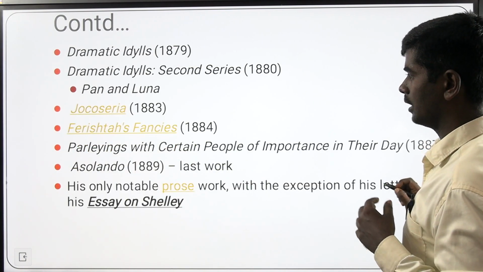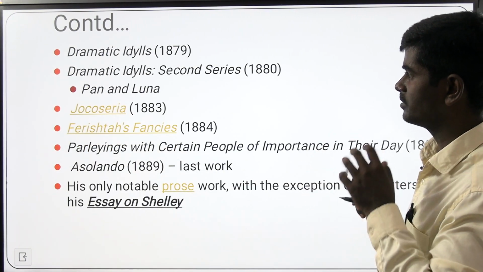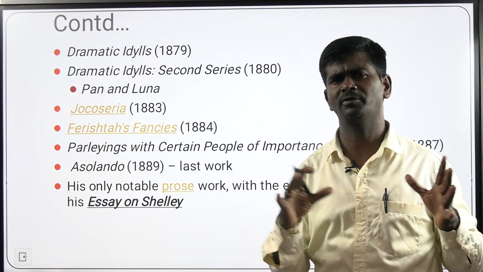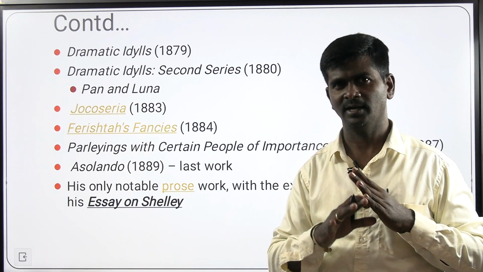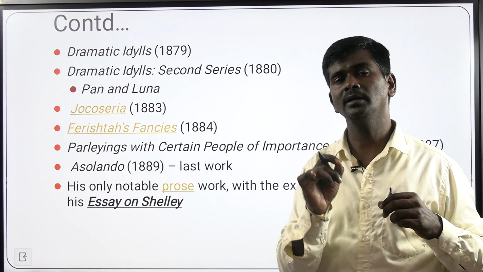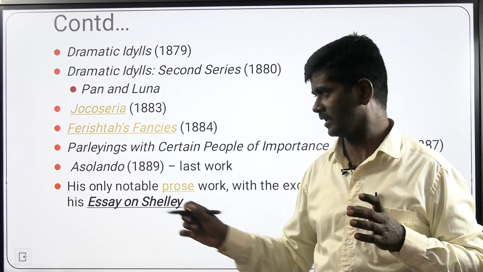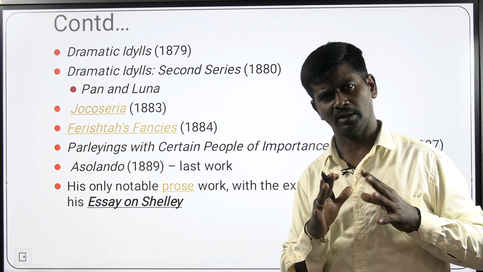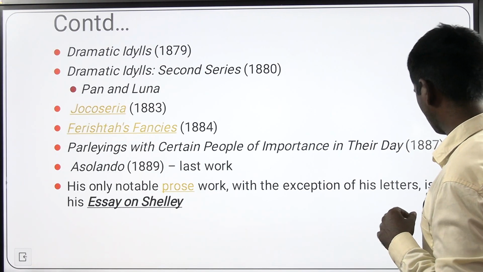One of the major things we need to understand: Robert Browning was a popular poet, a popular dramatist. He was not an essayist or a prose writer, but he experimented with one prose essay, the essay on Shelley, the only essay composed by Robert Browning in his life.